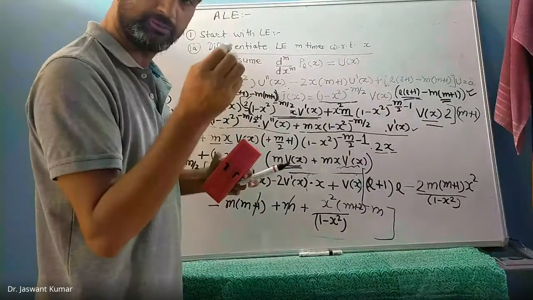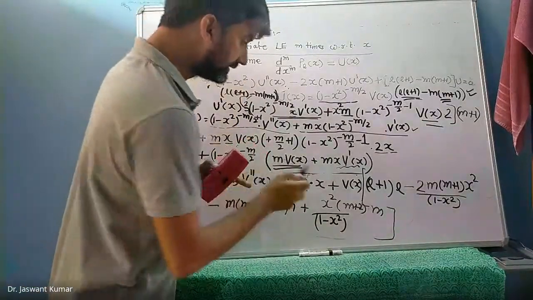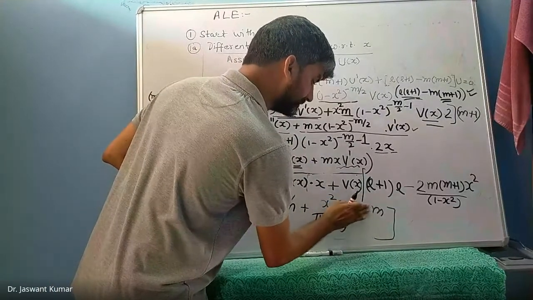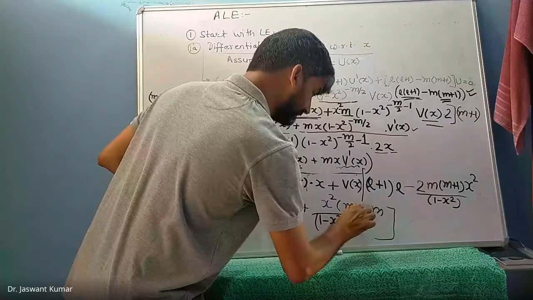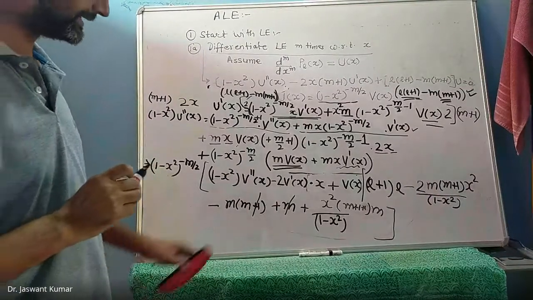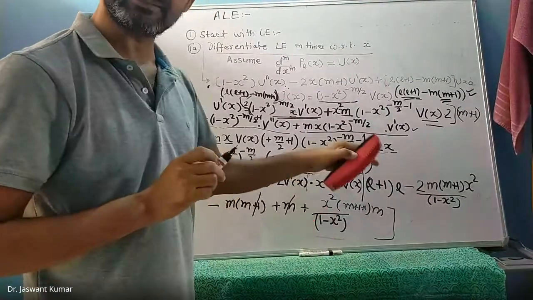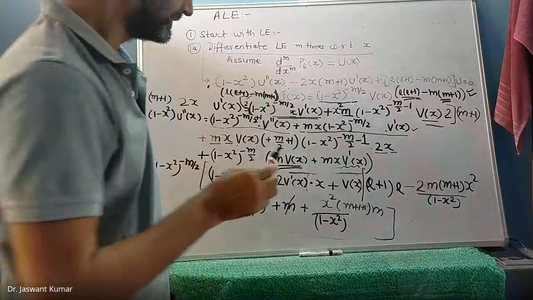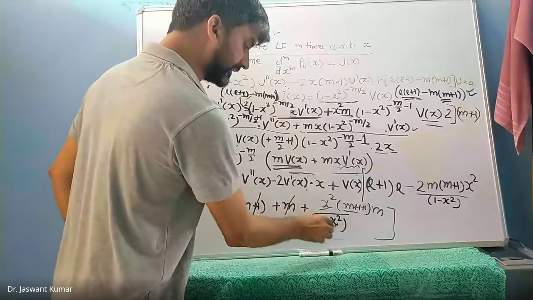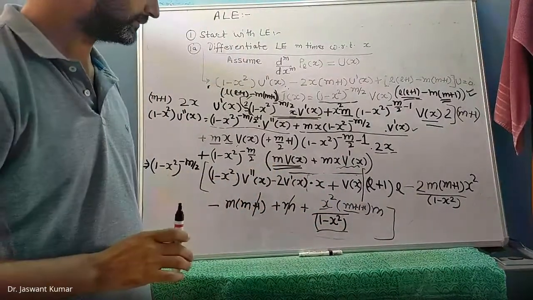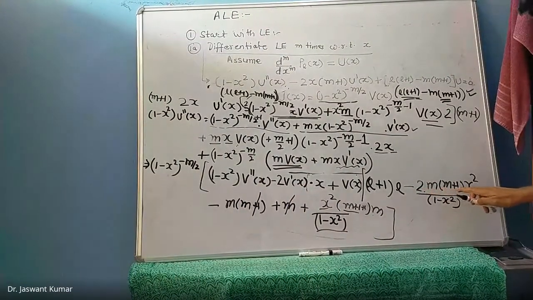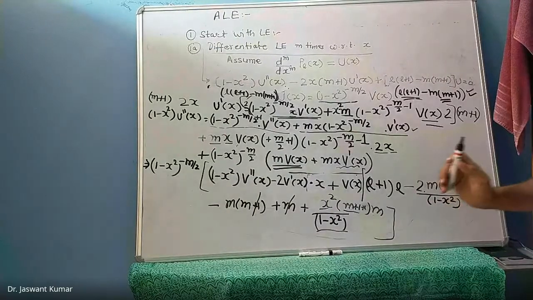So now those people who are concentrating, this m plus 2 factor can be written as m plus 1 plus 1 times m. है ना, ये जो m plus 2 था इसको हमने क्या कर दिया, m plus 1 plus 1. And see, there is a m into m plus 1 times x square divided by 1 minus x square. And there is a minus 2m into m plus 1 times x square divided by 1 minus x square.